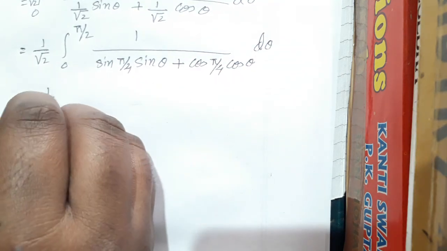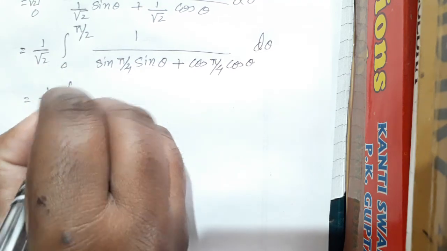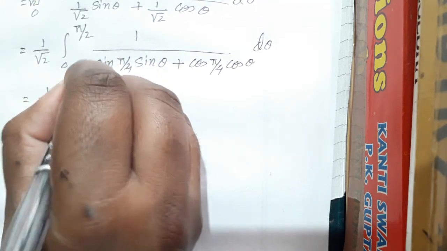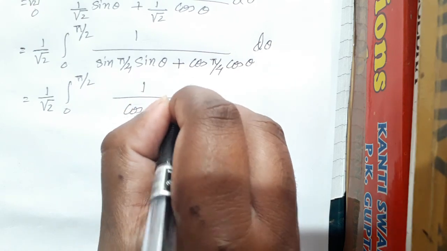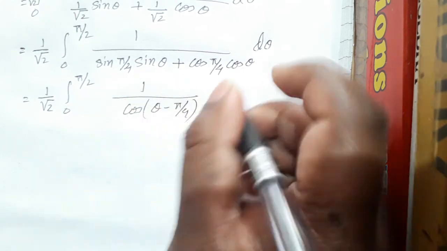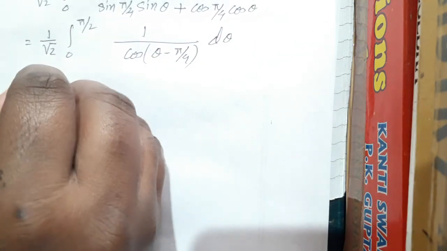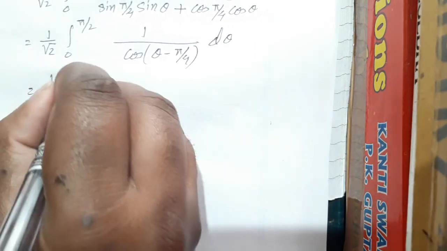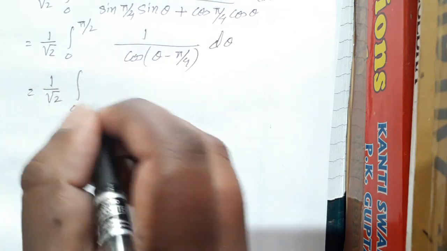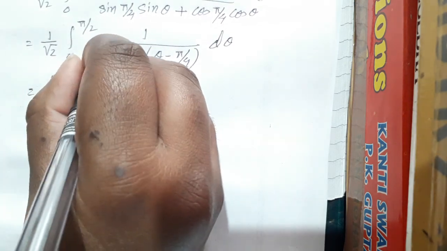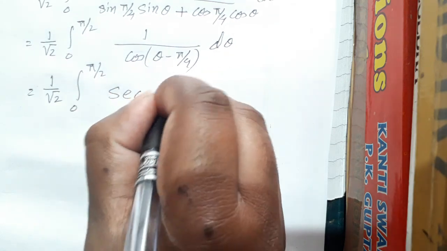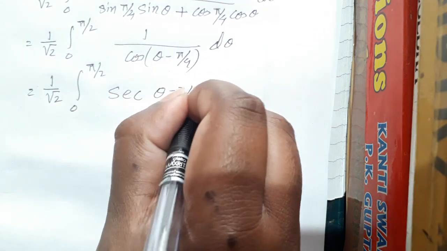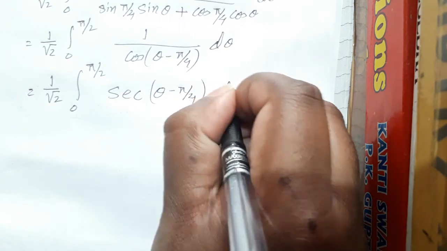We get 1 by root 2, 0 to pi by 2, cos theta minus pi by 4 d theta. 1 by cos is sec, so we get 1 by root 2, sec theta minus pi by 4 d theta.